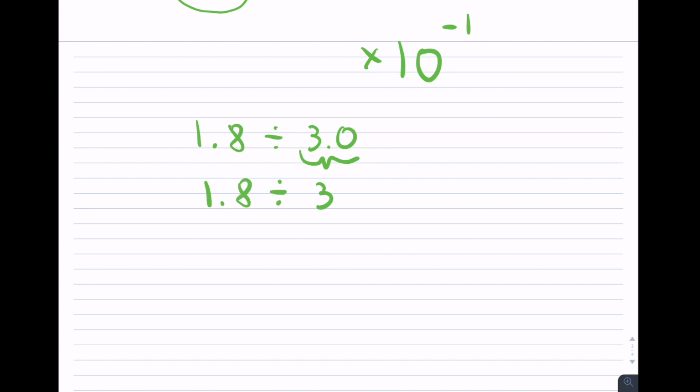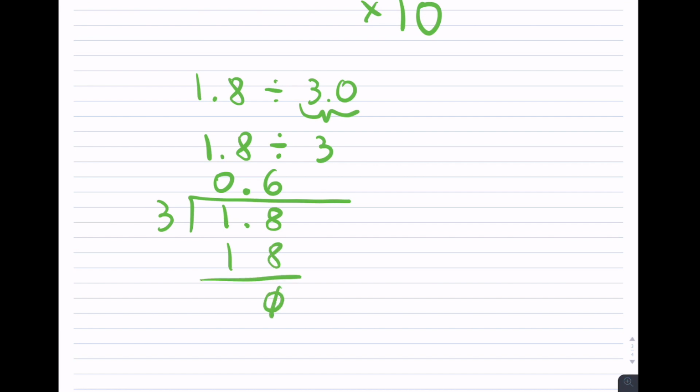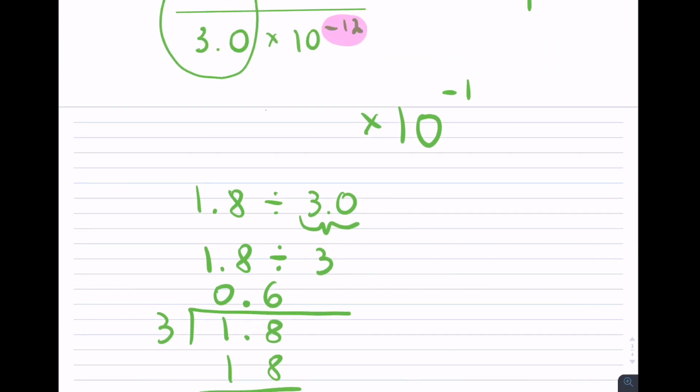The zero becomes redundant. So let's do that division here. 3 into 1 actually doesn't go. So we need to divide it into 18, and that goes 6 times. So 6 times 3, so indeed. My answer here is 0.6.